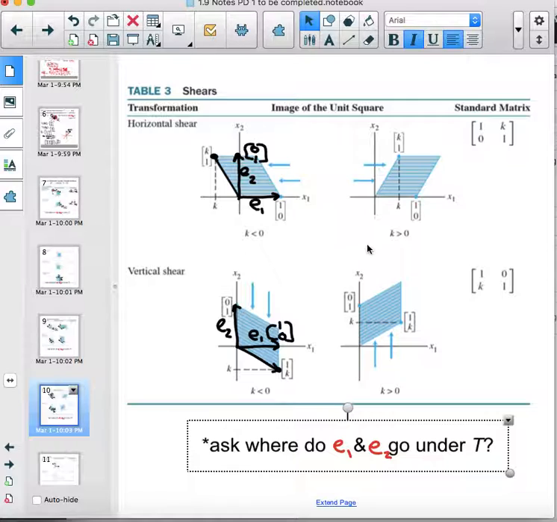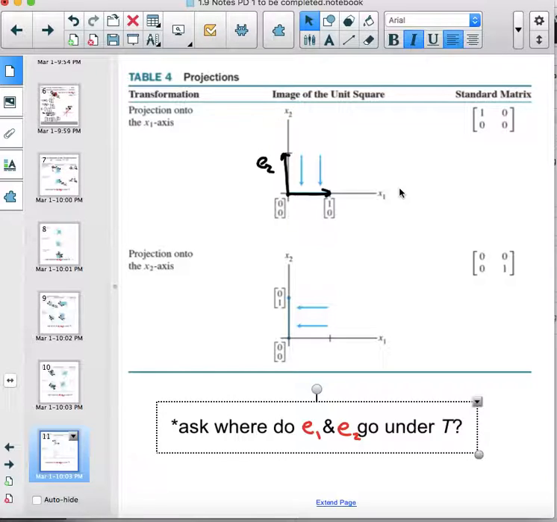Who knows? Anyway, over here, notice that E2 stays the same, but E1 is sheared down. Instead of 1, 0, it's at 1, K. Now, if you project onto this axis, okay, E1 stays the same. E1's already on the x1 axis. However, E2 goes down to 0, 0.